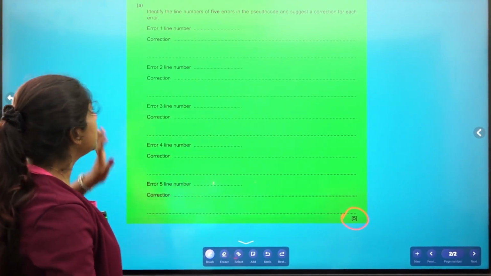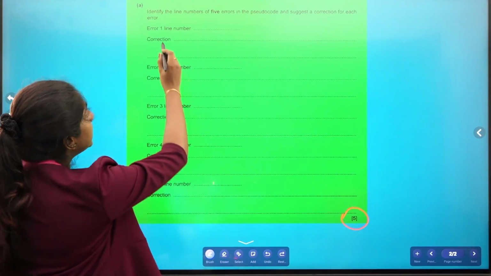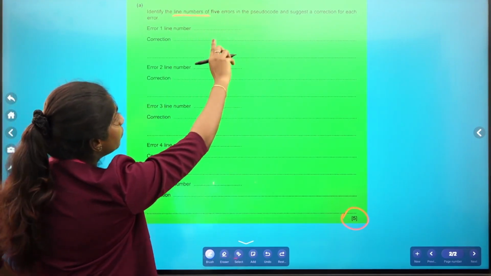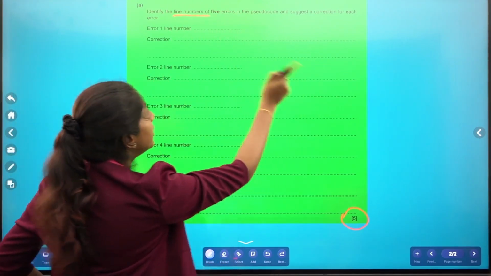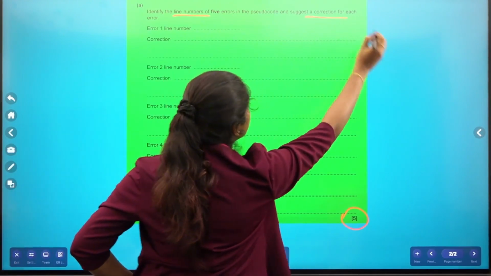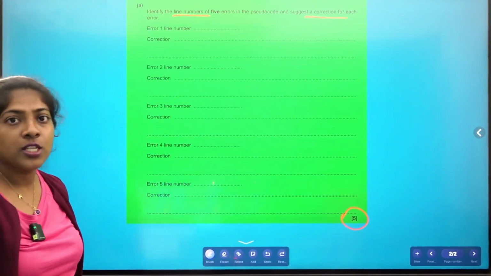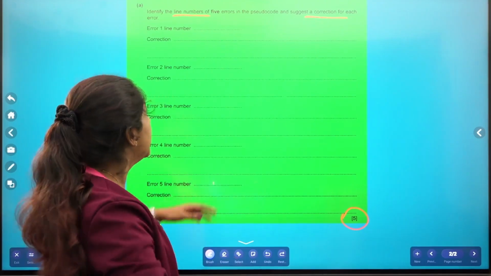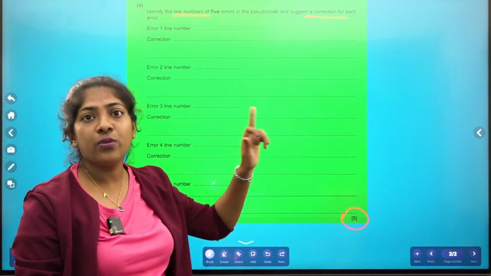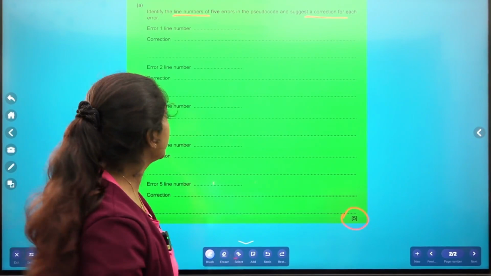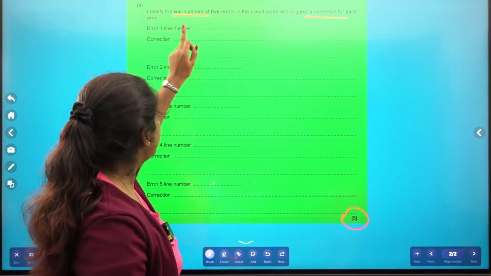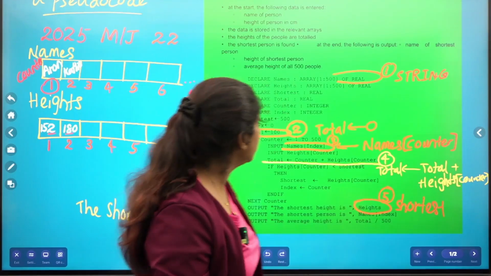See what the question is asking: identify the line numbers of 5 errors in the pseudocode and suggest a correction for each error. So the first thing you need to do is write the line number of each error.